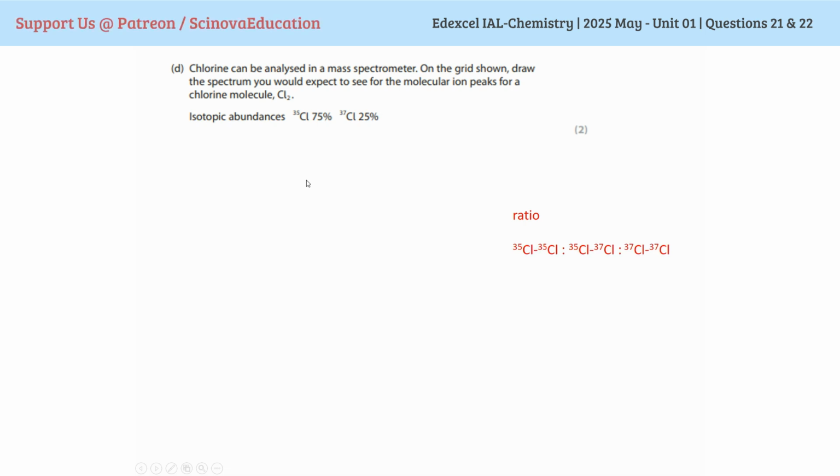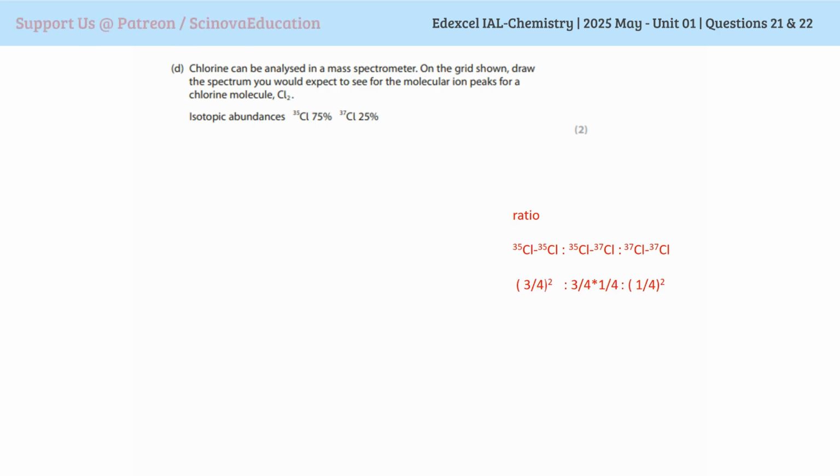The possibilities are you can get Cl35 Cl35 molecules, Cl35 Cl37 molecules, and Cl37 Cl37 molecules. So the ratios can be calculated as x squared to 2x y to y squared.